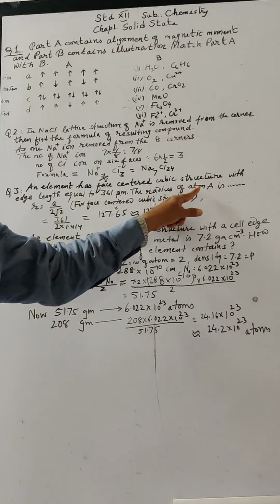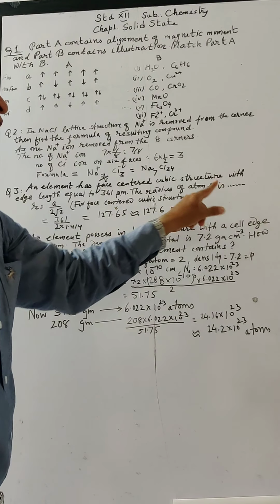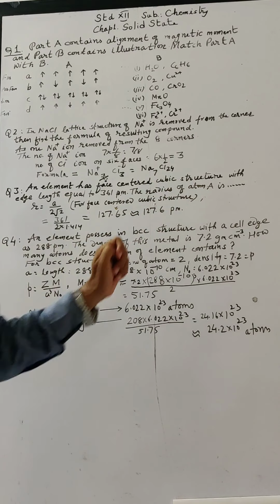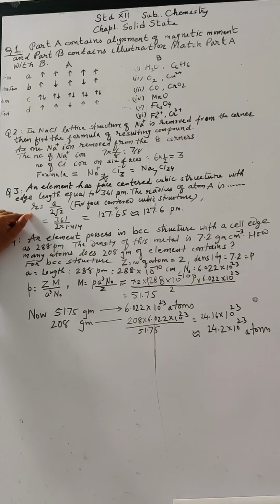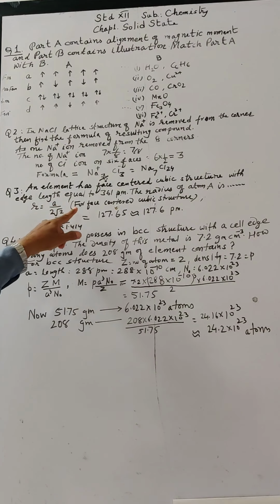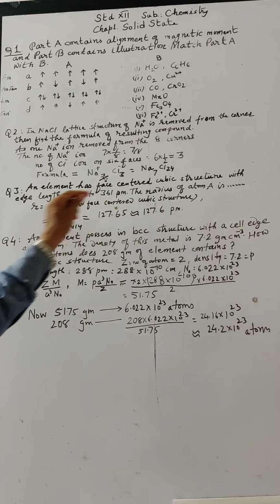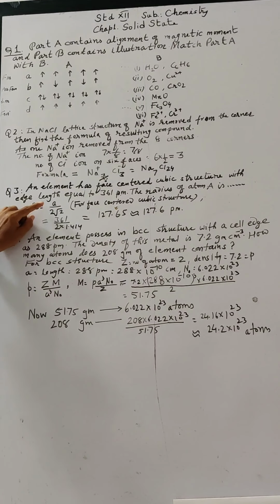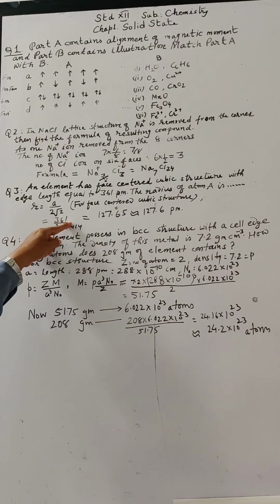We have to find the radius of atom A. Formula of radius R equals a upon 2 into root 2, where a is edge length, and for face-centered cubic structure the formula of R is a upon 2 into root 2. Putting value of a, 361 divided by 2 into root 2, means 1.414.